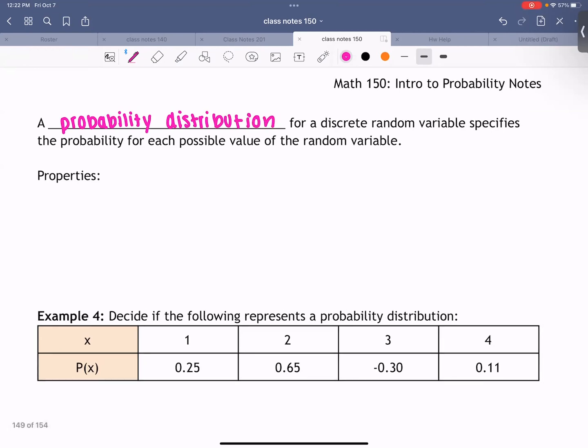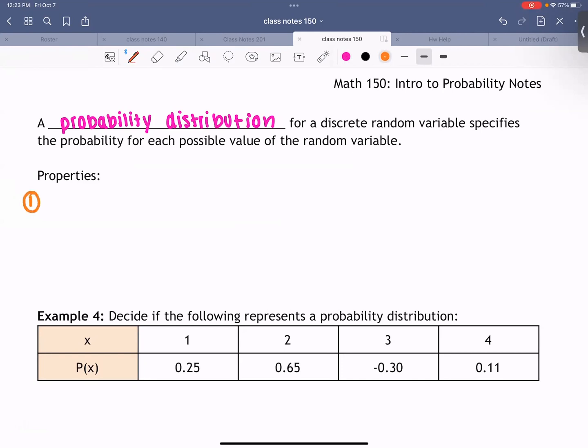It means a little bit different than those graphs that we were looking at in the last section. This distribution is basically a chart, and it's a chart that has everything that can happen and their probabilities, and the chart has to make sense. When I say make sense, I mean the chart has to follow 2 properties.